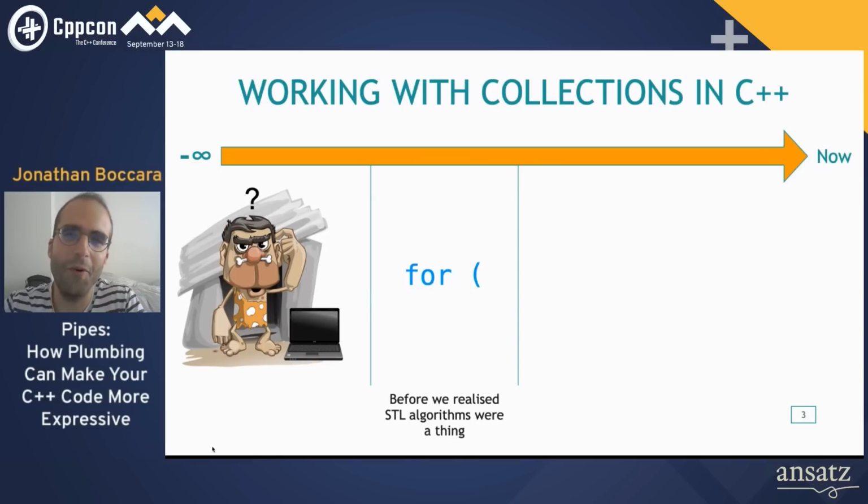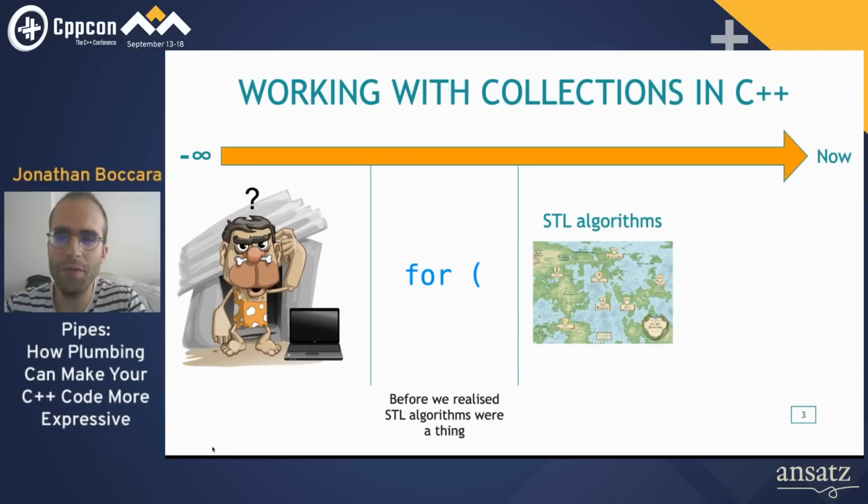That was before we realized that STL algorithms were around and were quite a useful thing to use. So then we moved, as a community, to the STL algorithms, and that was an improvement over the for loops, as most people are aware of now.